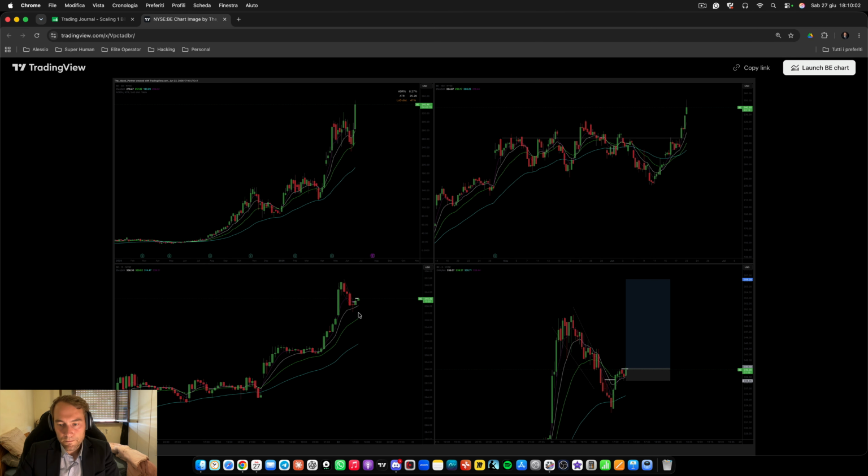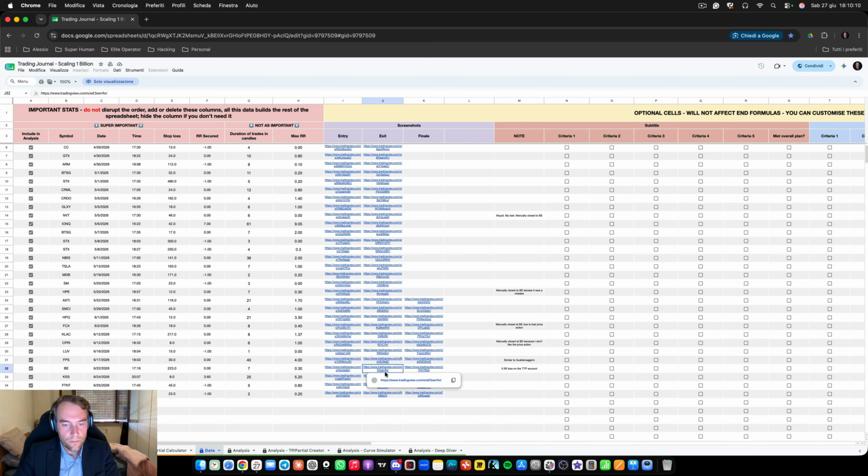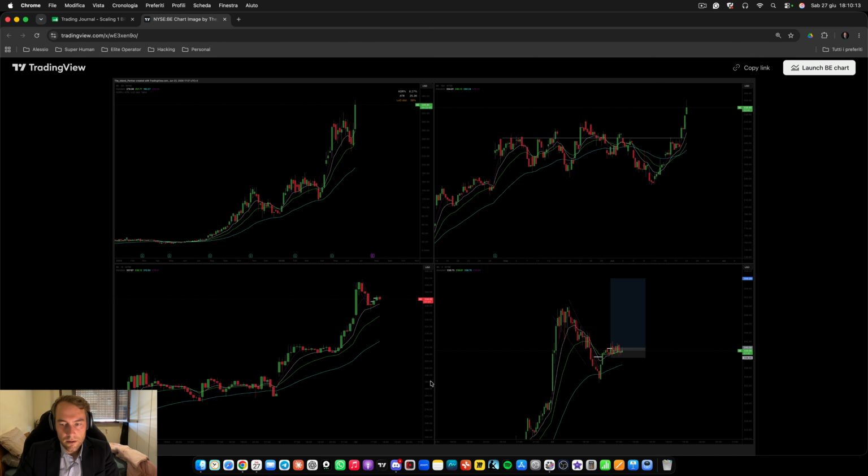Nice pullback. Really nice entry because it's very clean. And I decided to close it manually because it became a little bit choppy.